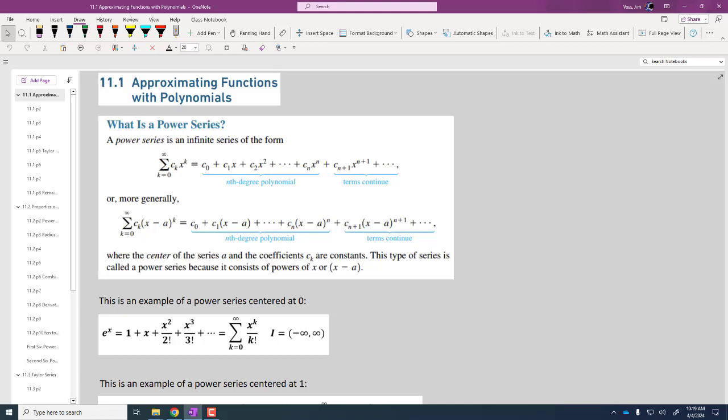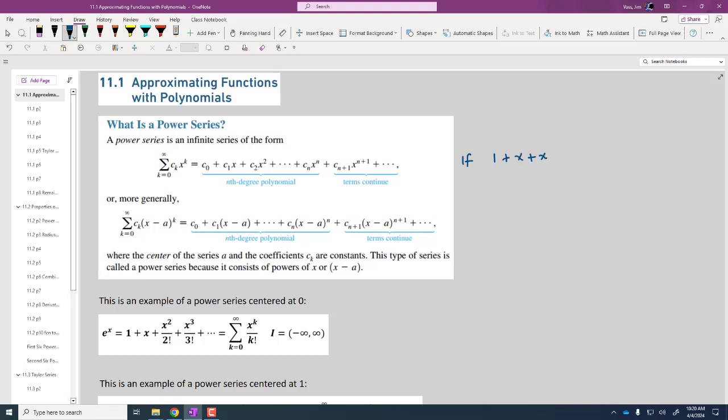We would have to figure out, does it converge or diverge? All right, so for a power series, some of the x's that you might put in could converge, some could diverge.